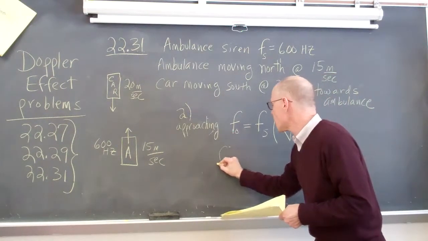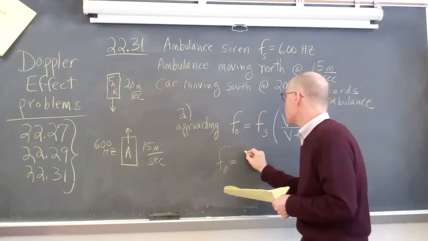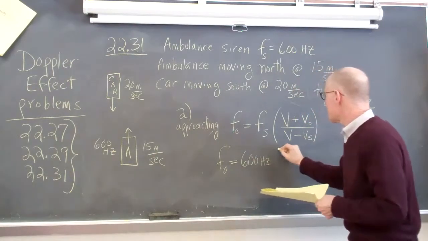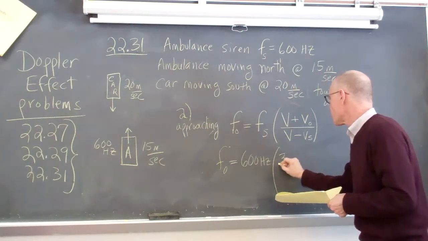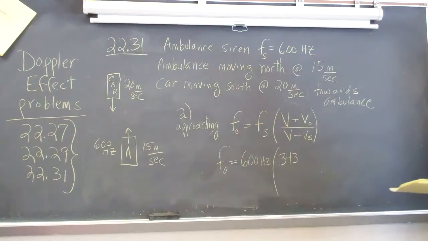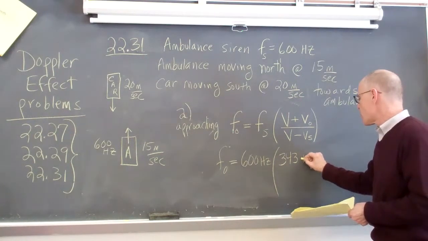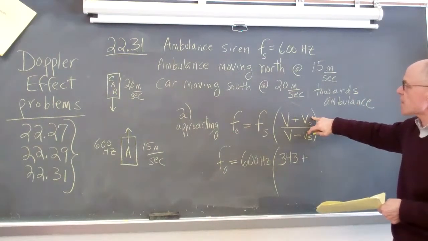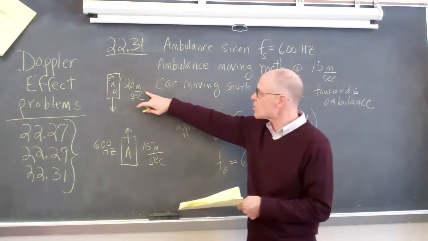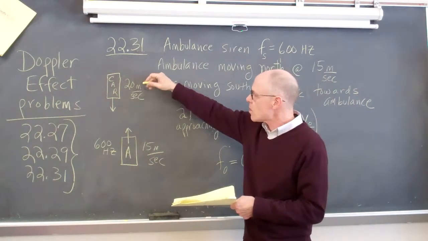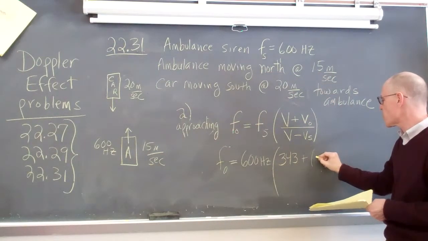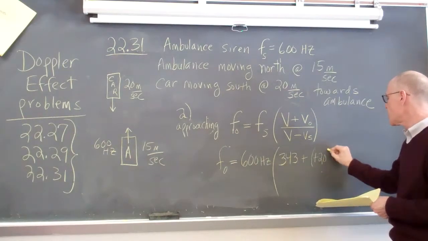The frequency heard by the observer would be the 600 hertz times, again for this problem we were just given 343 meters per second as the speed of sound in air, plus the speed of the observer. In this case we don't have a stationary observer, we have a moving observer, and that car is approaching the ambulance at 20 meters per second, so that's plus a positive 20.